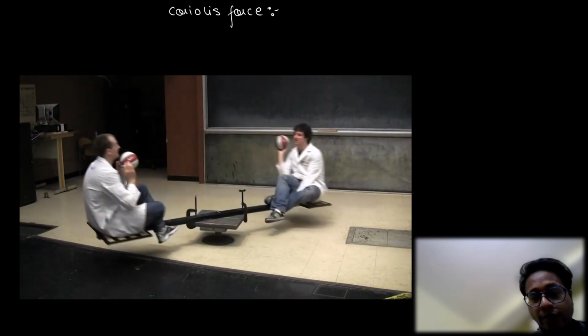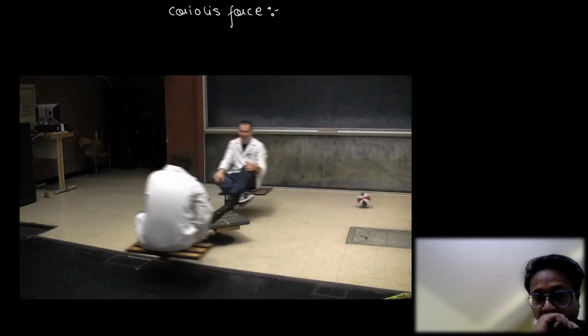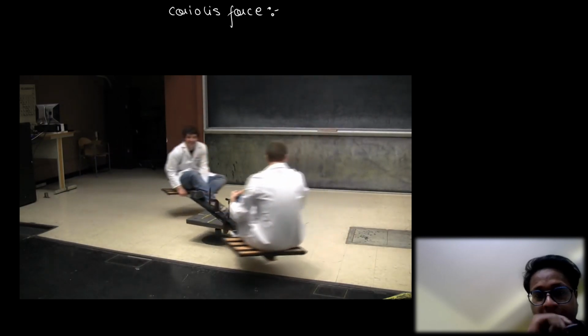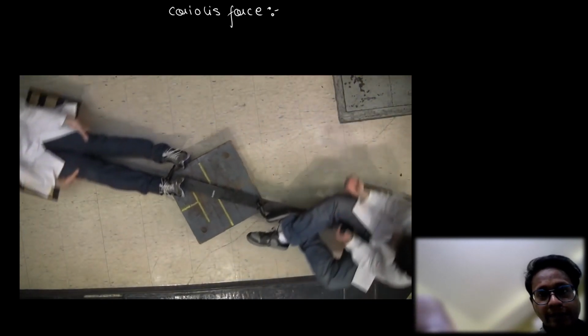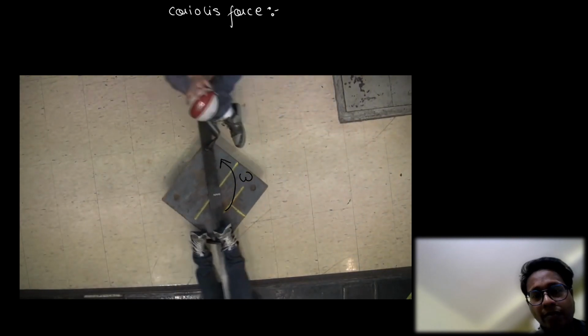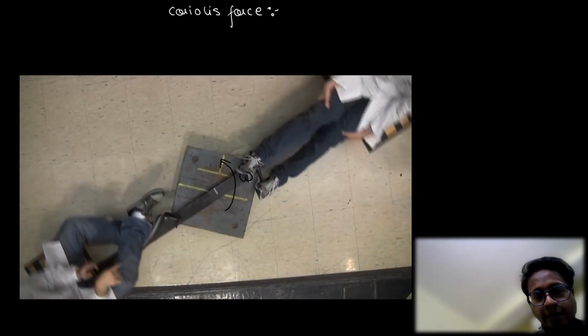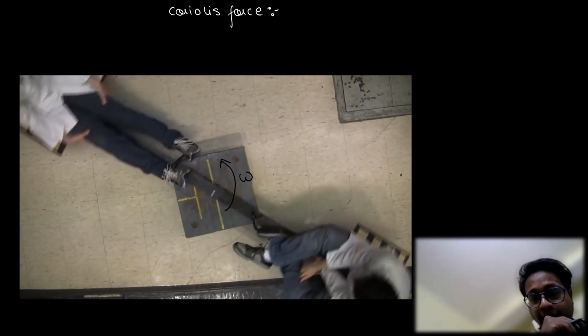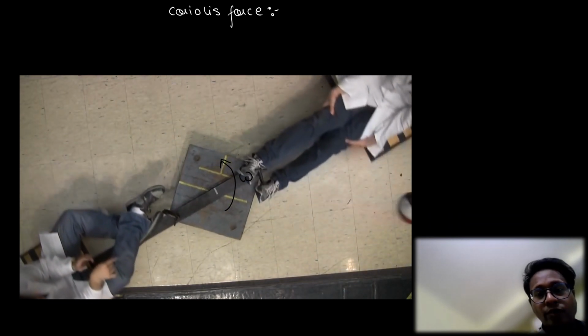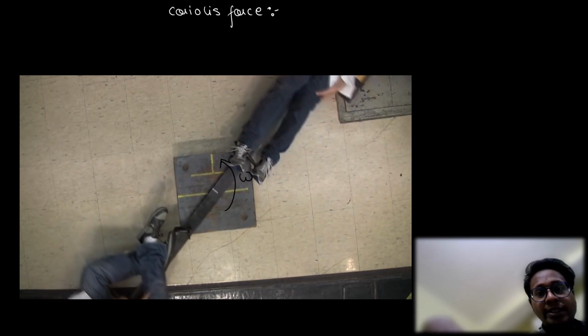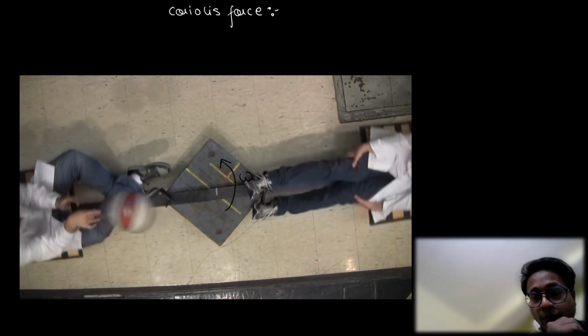Now see, even though they're throwing the balls at each other in a straight line, the ball deviated from the current path, and we'll see the same motion from overhead view. See, when the camera is mounted at the top of the ceiling, the bodies tend to rotate, or the people tend to rotate, in anti-clockwise direction. Observe one more thing out here.